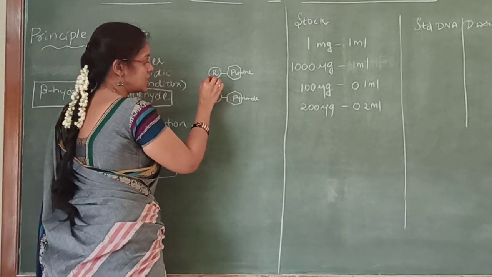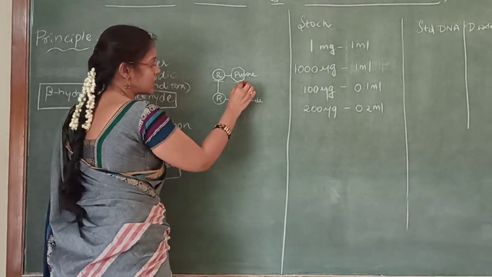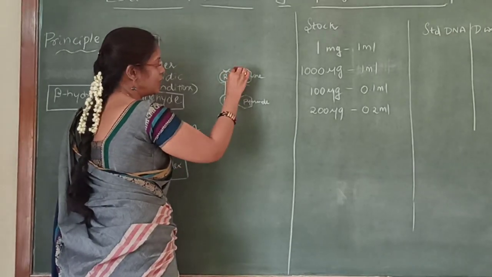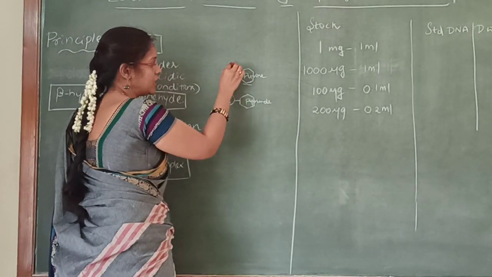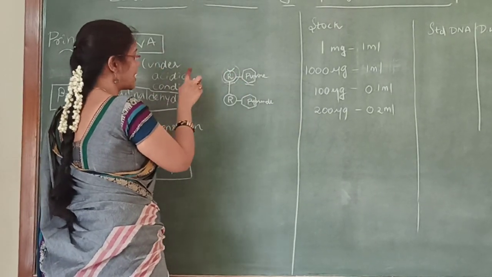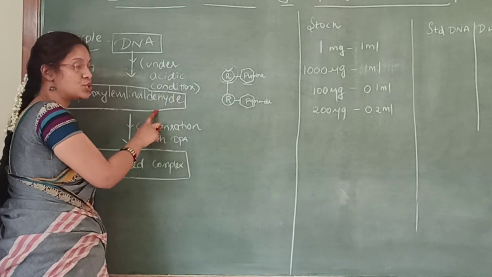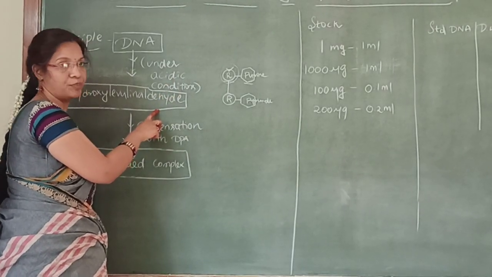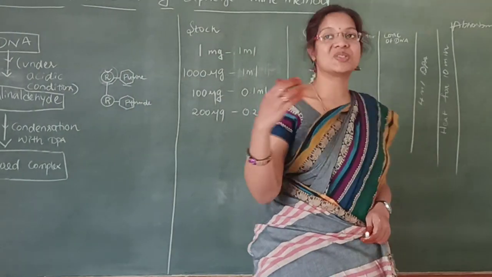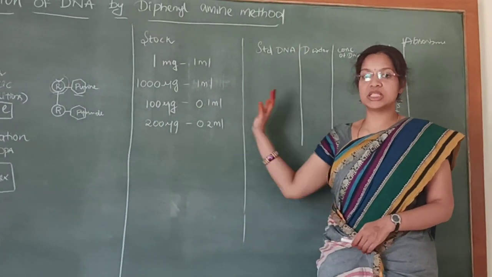Especially the deoxyribose sugar that is attached to purines is the important portion of DNA that reacts under acidic conditions to give you an aldehyde compound. Yes, let's move to the experimental portion. This is the principal portion.